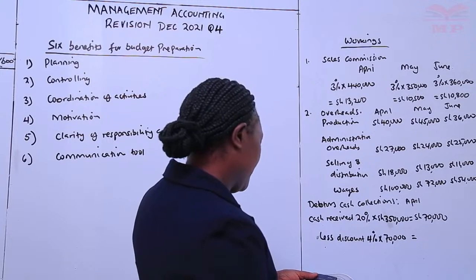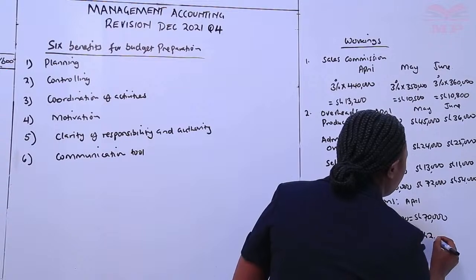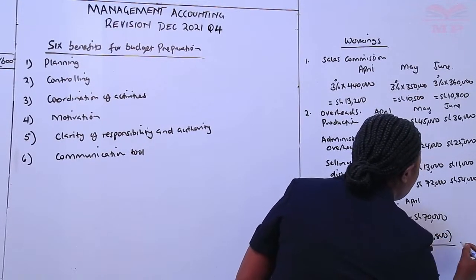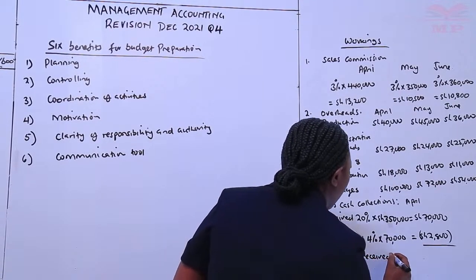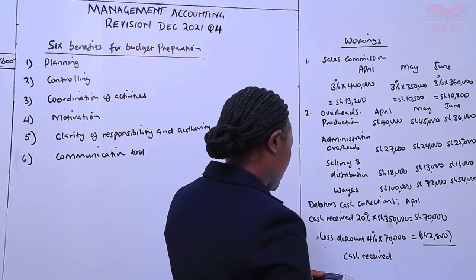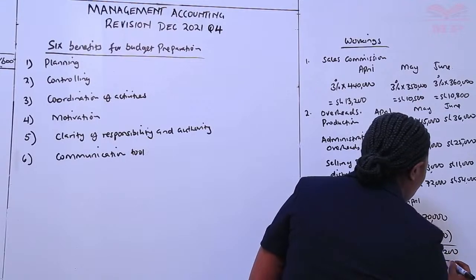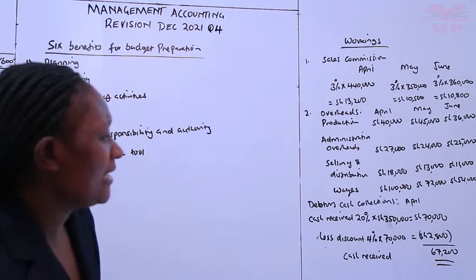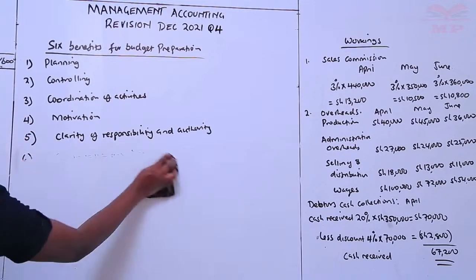So 4% of 70,000 will be 2,800. We subtract that, and whatever we get will be the cash received: 67,200. So what we'll put to the cash budget will now be 67,200 and not 70,000, because there was a discount given to the debtors.